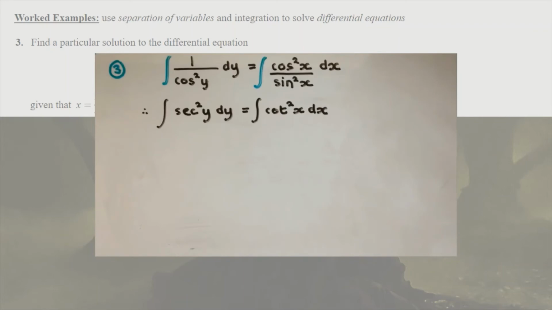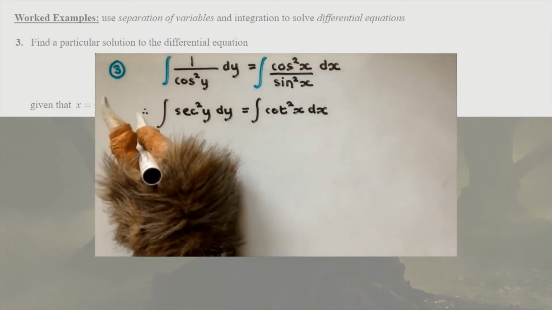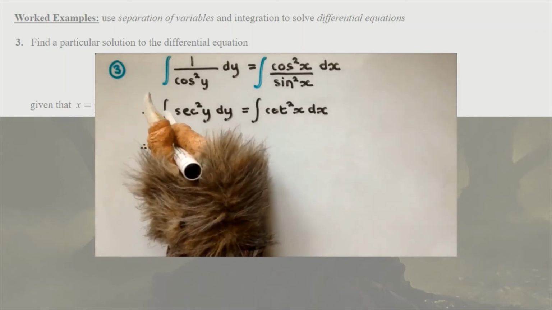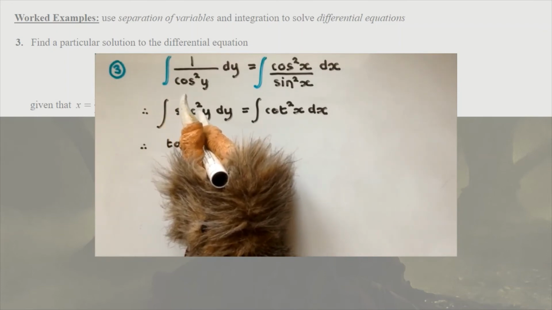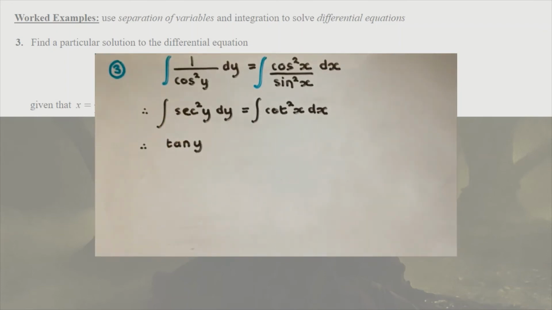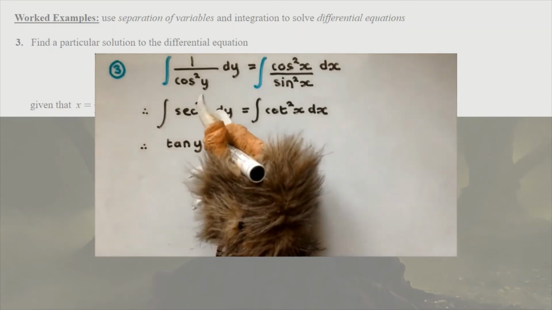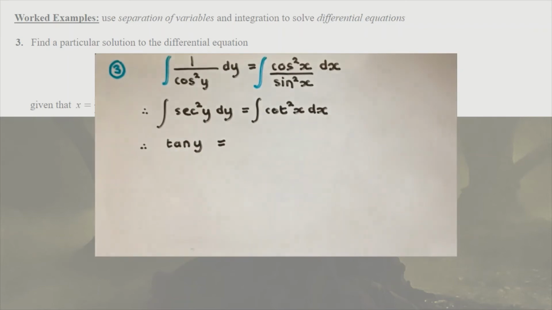So the left hand side, let's write that down. So therefore, tan y, and remember we don't need to add the plus c. We're going to do that later. And that's going to equal, now cot squared, you may notice, doesn't actually have a direct antiderivative we can write down.